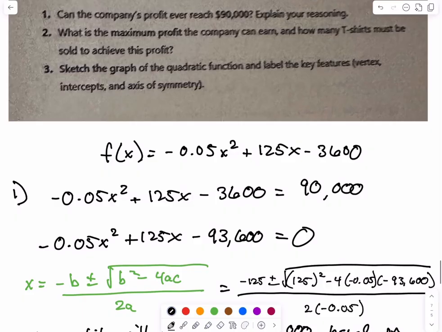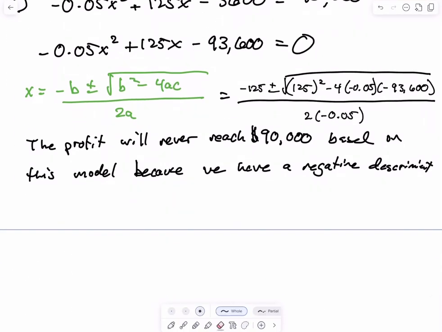Let me see something. I think it's spelled this way.